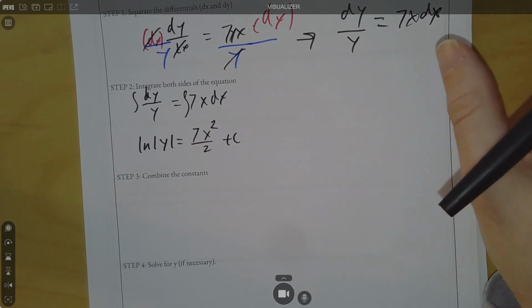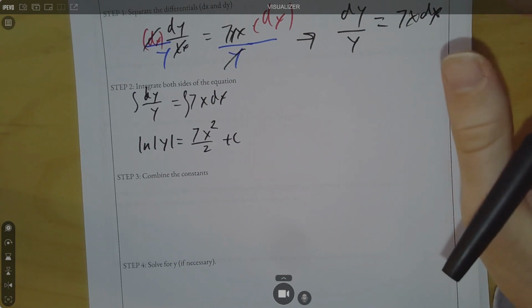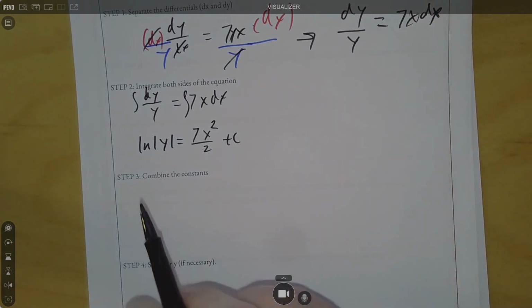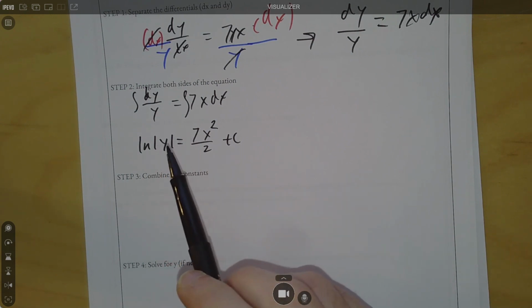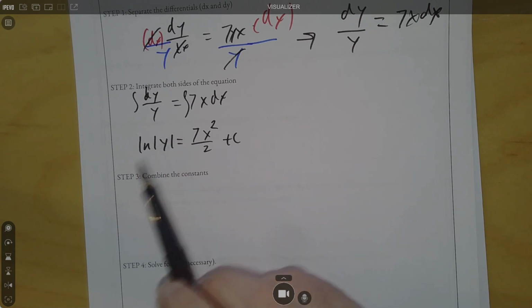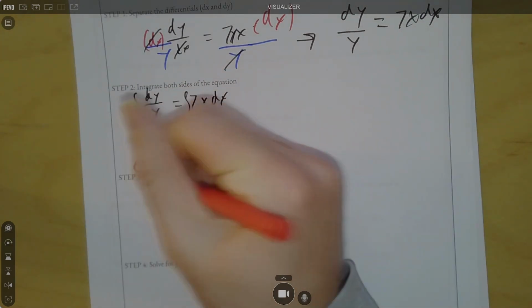In this case, there's two options you can do, and we don't have an initial condition. So I'll talk about that in a moment. But to get this y alone, at this point, we have to get the y alone, right? In order to do that, you need to do what's called exponentiate. To exponentiate, you're raising e to the power of both sides of the equation.